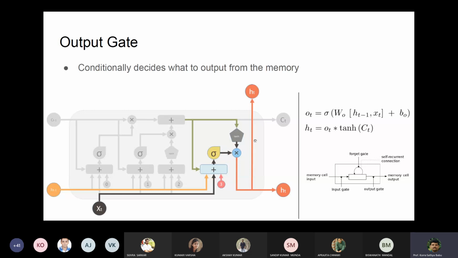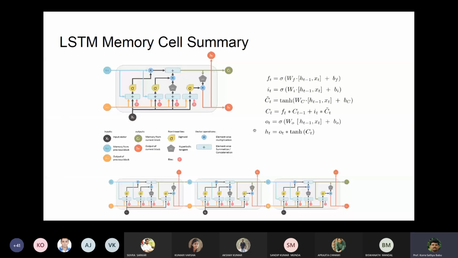So in summary, if you see the whole set of functions that take place here, these are the LSTM cells. f_t you compute from the previous output from the earlier state and the current input at the current time interval.